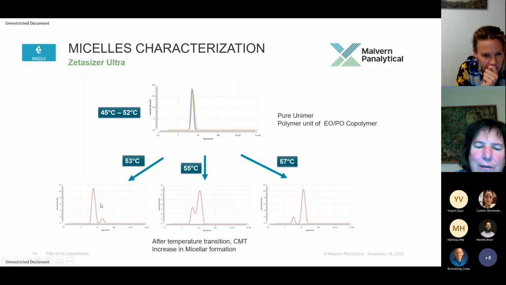And then at 53C, from the MADLS result, you see unimer with some micellar sizing. And as the temperature increases, you get more and more of the micelle after the CMT transition temperature.